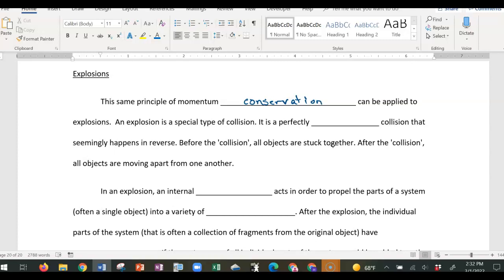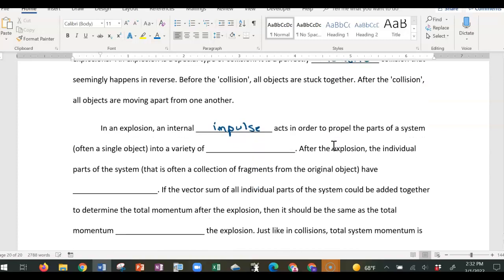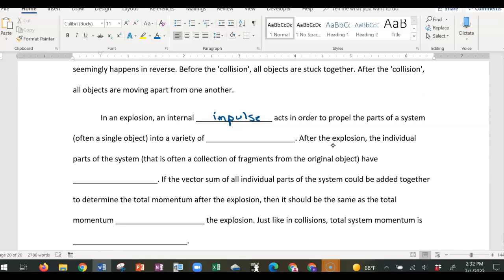It is a perfectly inelastic collision that seemingly happens in reverse, right? Before the collision, all the objects are stuck together, and after the collision, all the objects are moving apart from one another. In an explosion, an internal impulse acts in order to propel the parts of the system into a variety of directions.